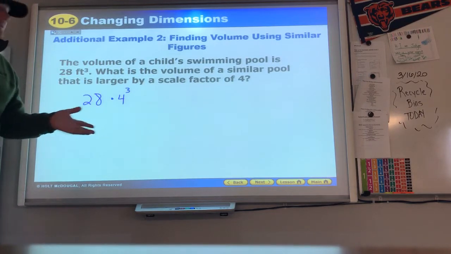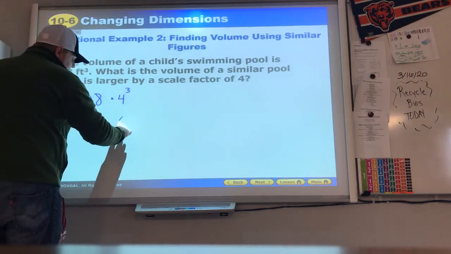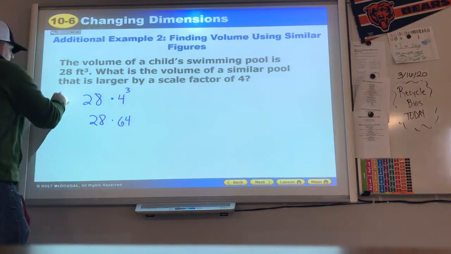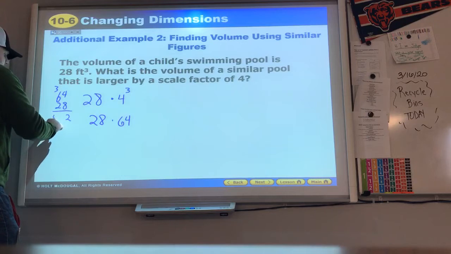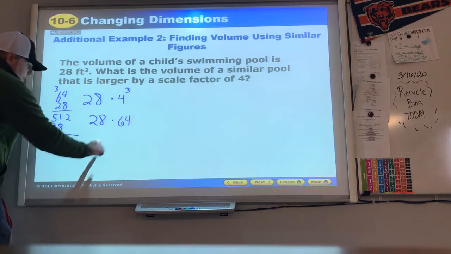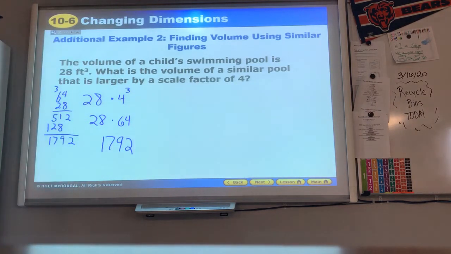You've got this easy. 4 cubed is 64 times 28. I have to do my math off to the side. 1,792. Quite a change in pool size here.